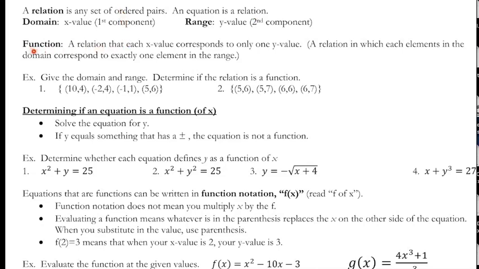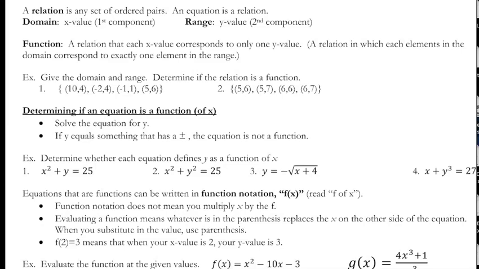And the way that we determine if something is a function is listed on here for us. Basically, for every x, and think of x as like what you have and y as the answer, or what you've been given for the x. So every time I give you an x, you have to be able to give me just one answer for that y.